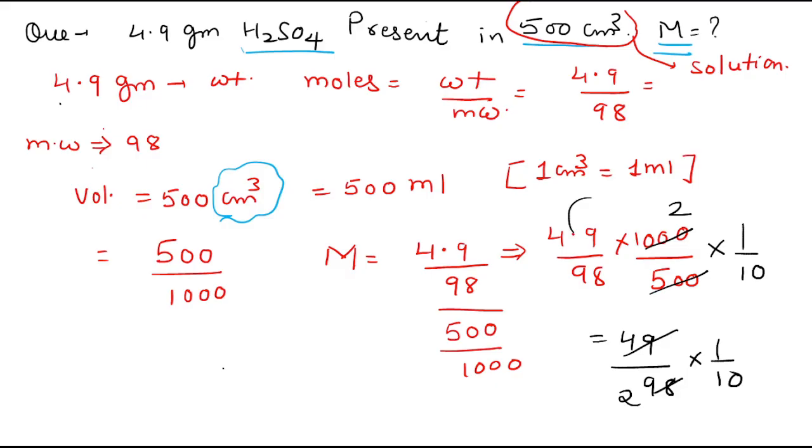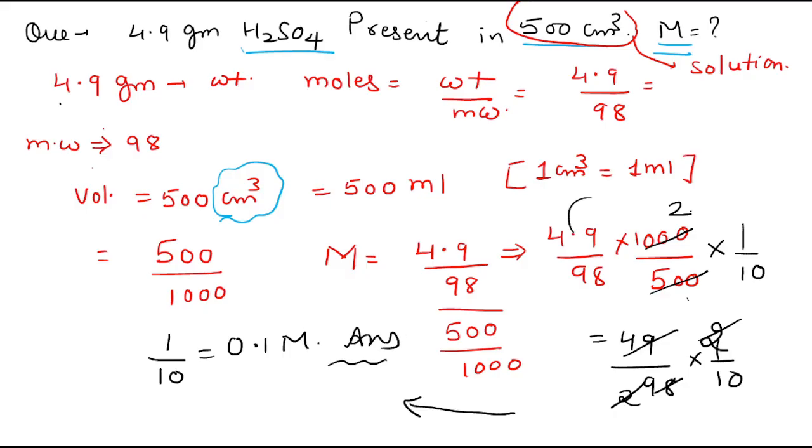Here the 2 is also present, so just cut it by 2. Same, 1 by 10 equals 0.1 molar. So this is the final answer. I hope you can understand the concept.